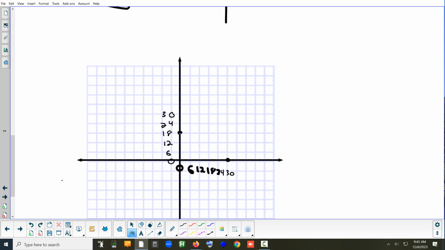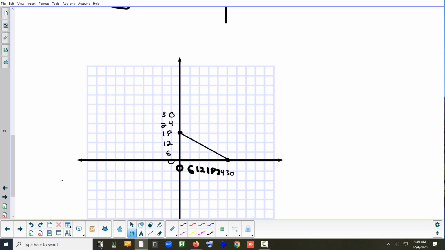Just connect the dots, but don't go into the negatives because you can't have negative amounts of tables. Right, so we're just going to connect the two dots. So there's our graph. Any question on the graph?